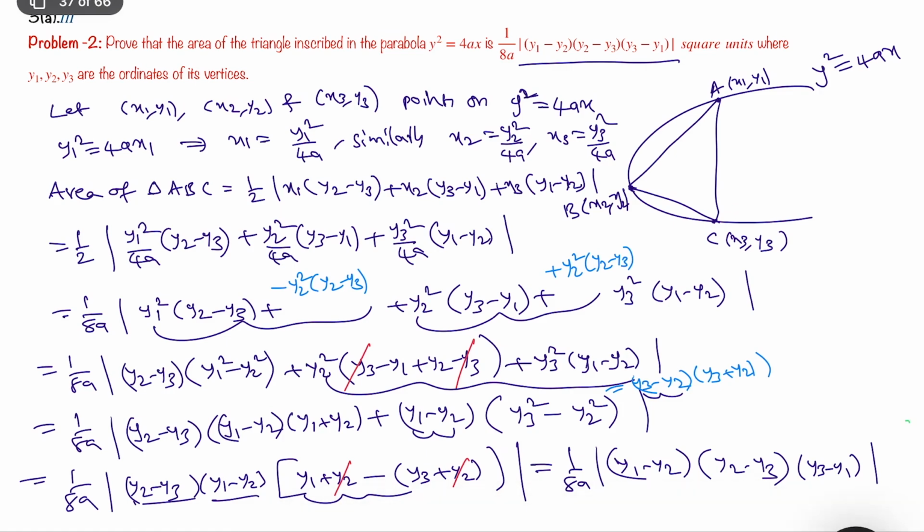So this is the area of the triangle which is inscribed inside the parabola y square equal to 4ax, where y1, y2, y3 are the ordinates of its vertices.